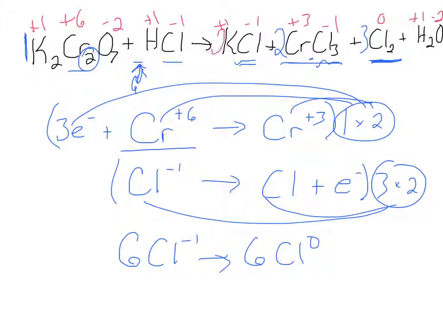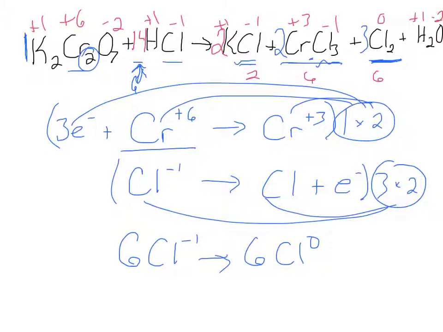So I know I need to put a coefficient of 2 in front of the KCl. Now I'm going to count up the chlorines, and I have 6 here, and 6 here, and 2 here, and 6 plus 6 plus 2 is 14, which means I need a coefficient of 14 in front of the HCl.